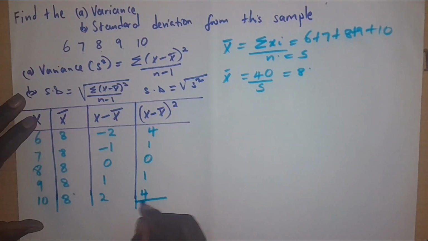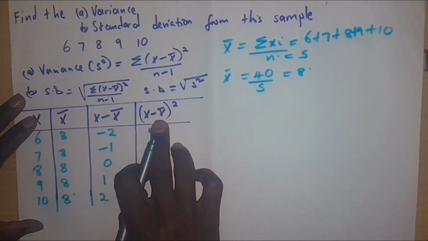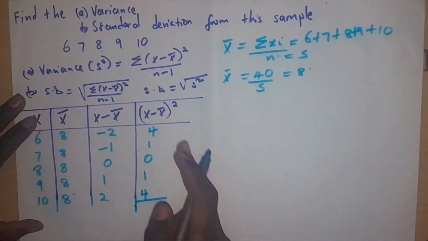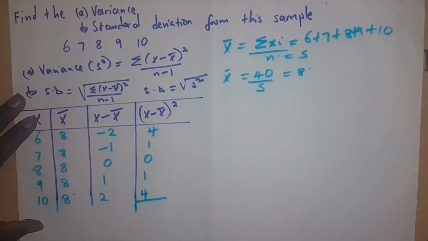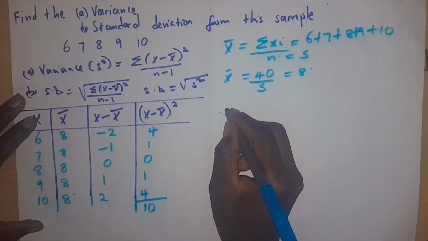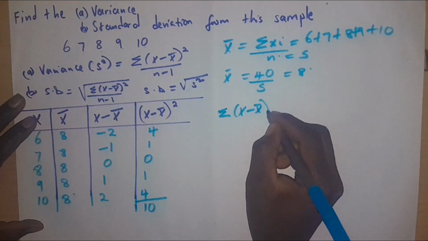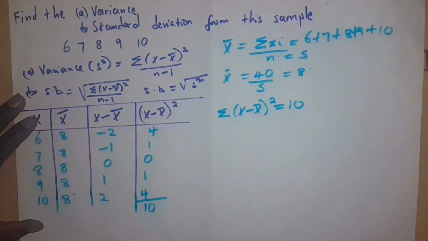And then finally, I need the summation of (x minus x bar) squared. So 4 plus 1 is 5, plus 1 is 6, plus 4 is 10. Therefore, the summation of (x minus x bar) squared is equal to 10.